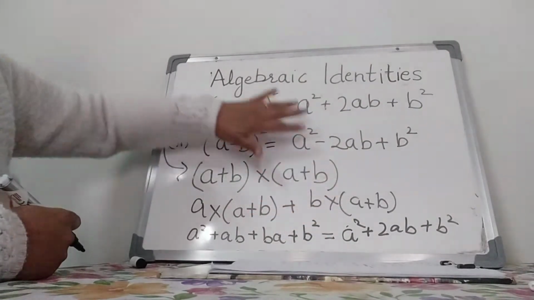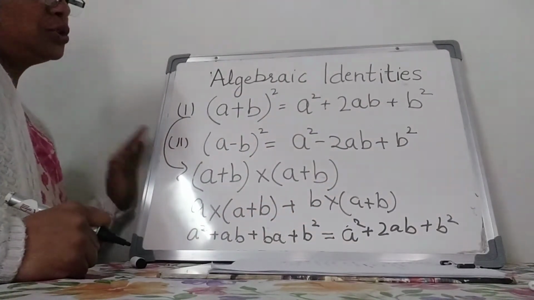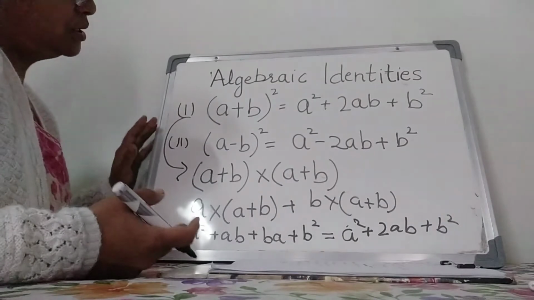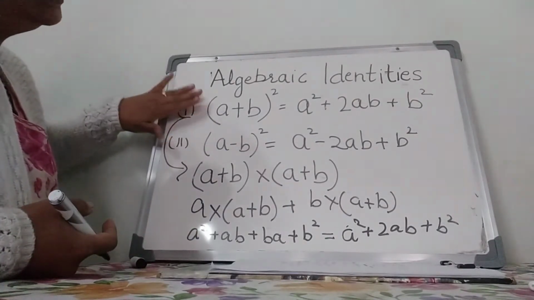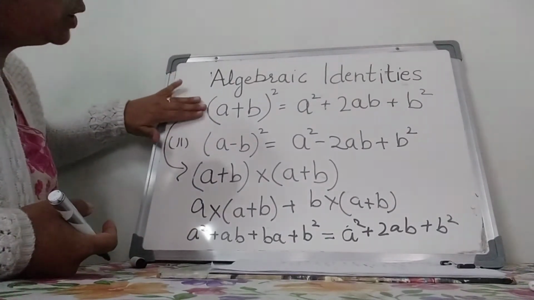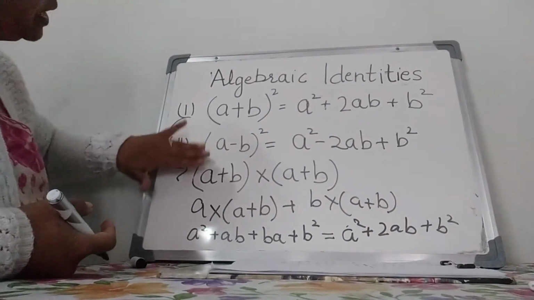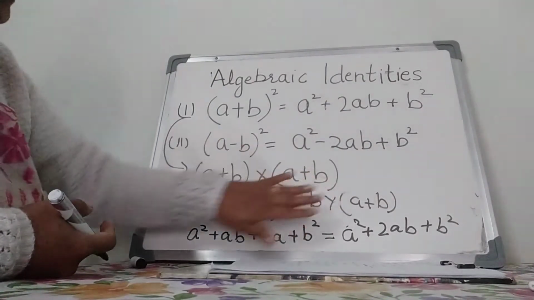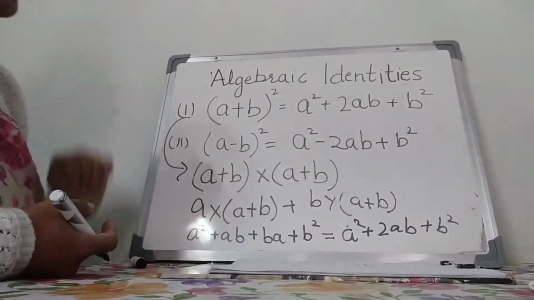This is how this identity is obtained. In questions, we will use this identity directly. We will not multiply algebraic expressions like we have multiplied here.